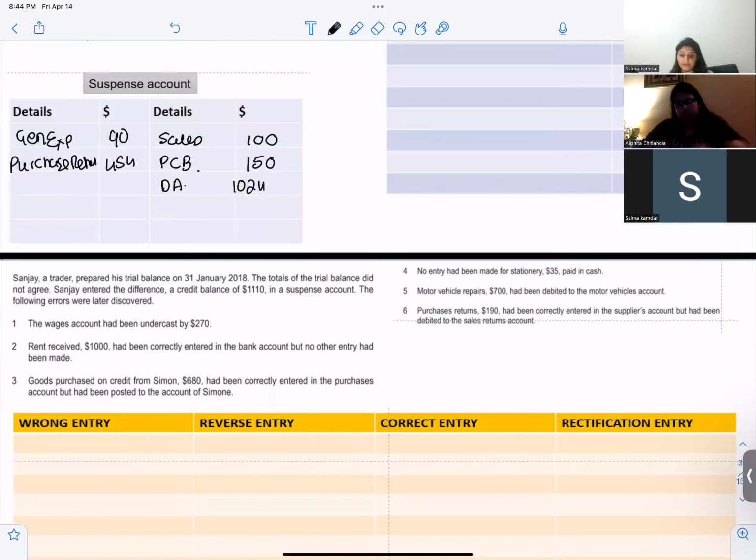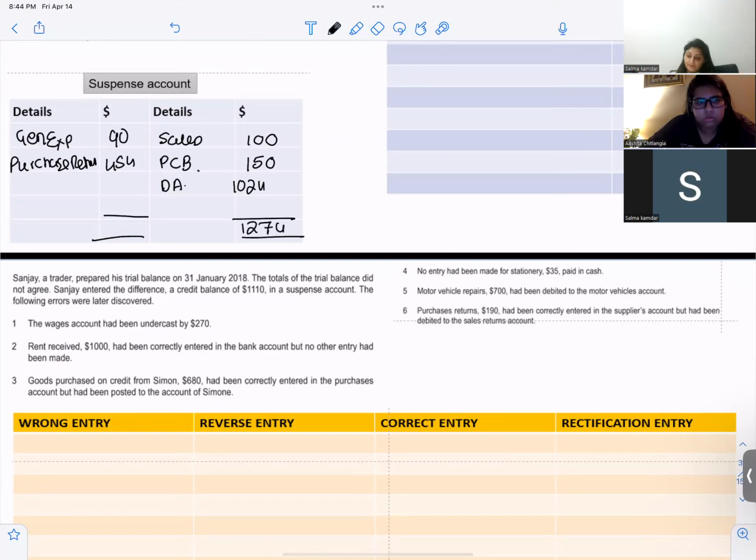Now you do the total. The credit is more. 1024 plus 150 plus 100 is 1274.